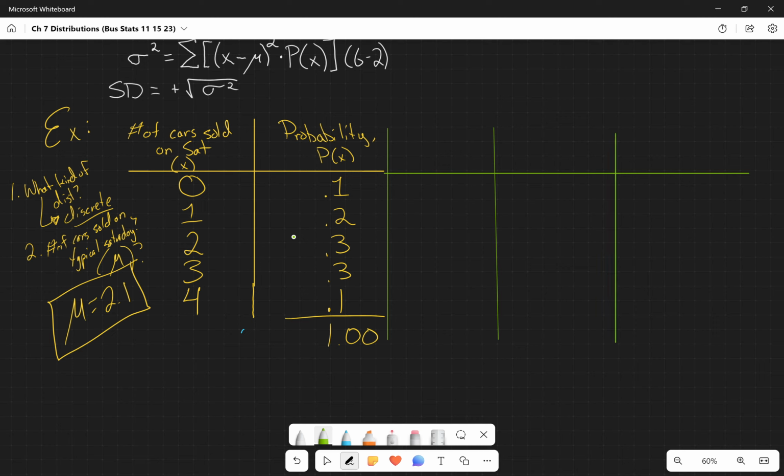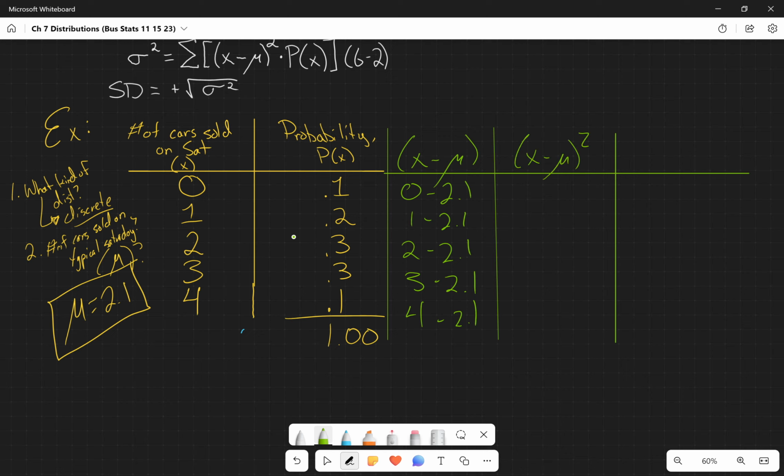So the first column is going to be our x value minus mu. So we're going to take 0 minus 2.1, 1 minus 2.1, 2 minus 2.1, 3 minus 2.1, 4 minus 2.1. And then we're going to take these values and square them.